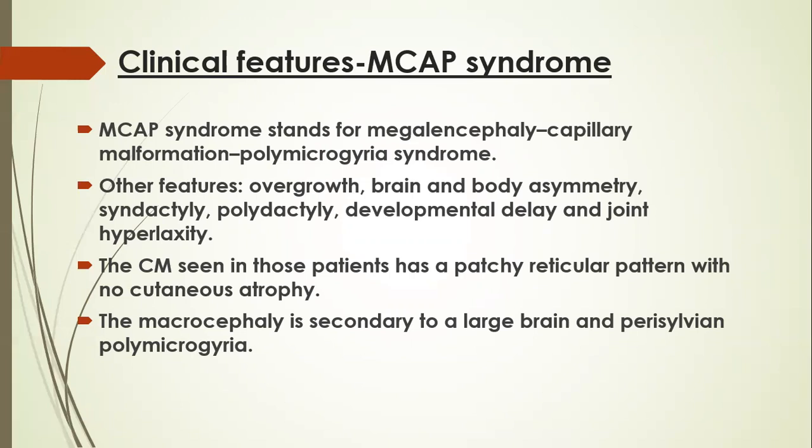There is an overgrowth, brain and body asymmetry, syndactyly, polydactyly, developmental delay, and joint hyperlaxity. The capillary malformations seen in those patients have a patchy reticular pattern with no cutaneous atrophy. The macrocephaly is secondary to large brain and perisylvian polymicrogyria.